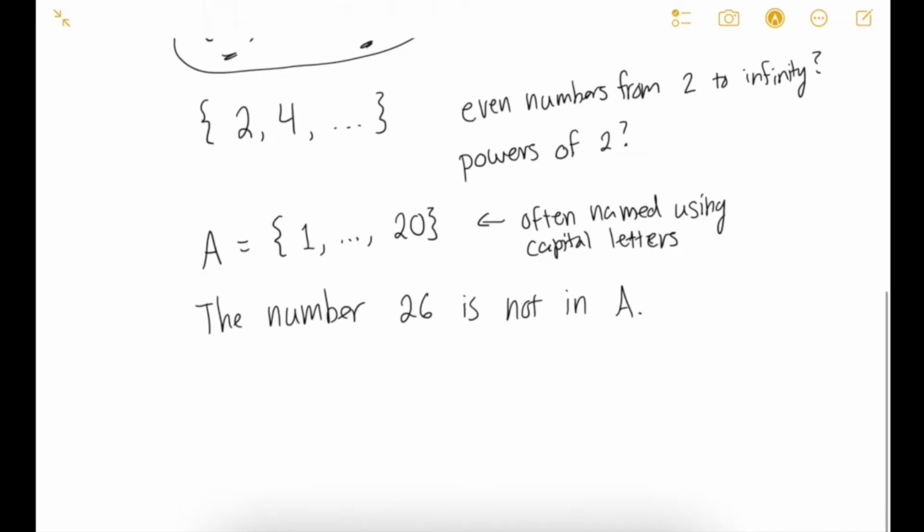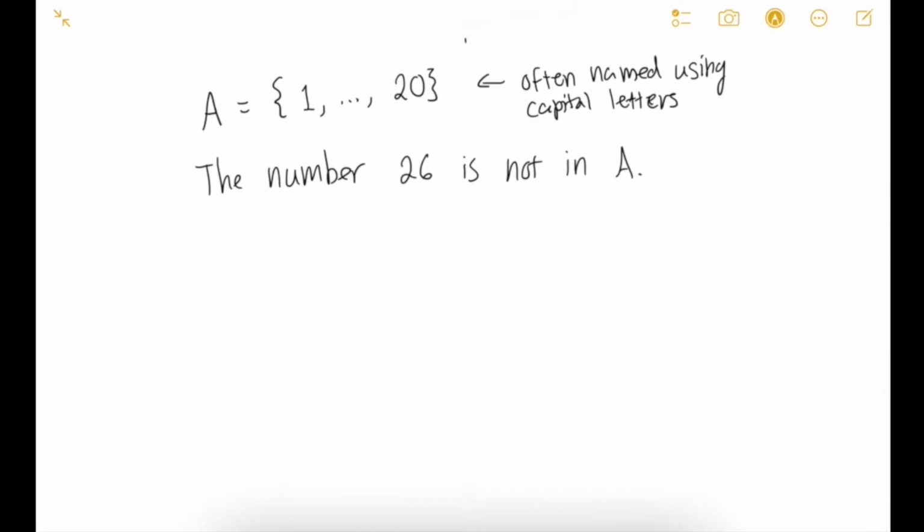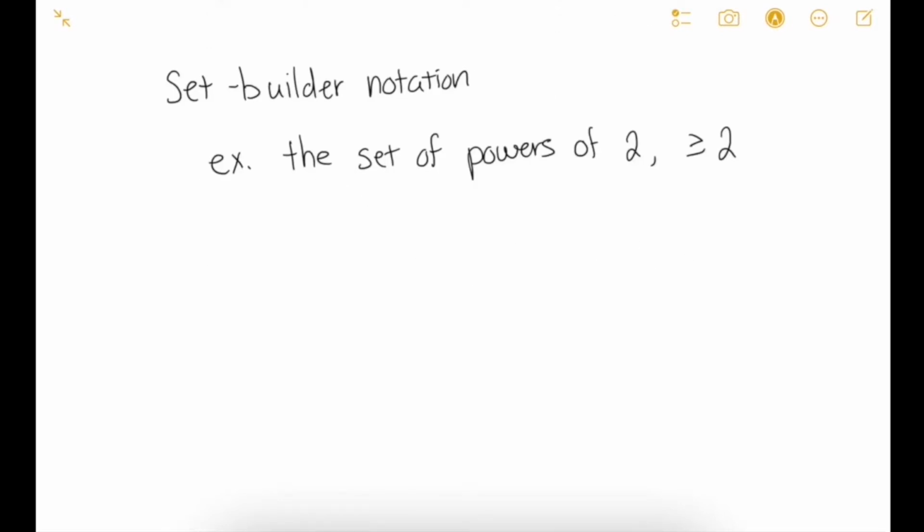Another way to write out sets, for example, if we're in a situation where there's a problem because there's ambiguity, is something called set builder notation. Let's do the set of powers of 2. If we wanted to express that P is the set of powers of 2, we could write this using set builder notation.